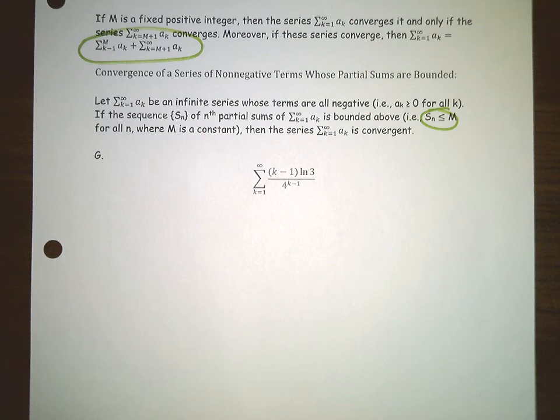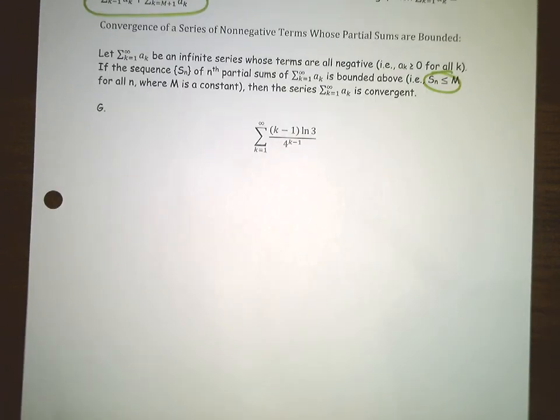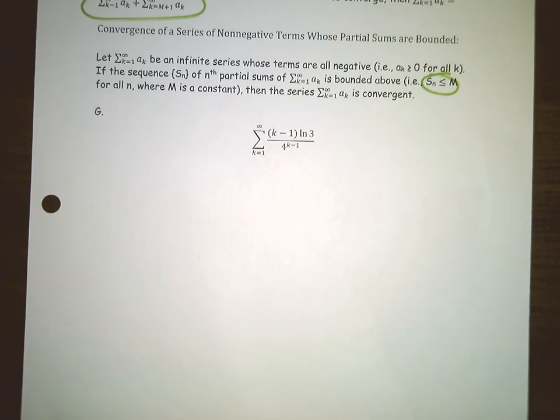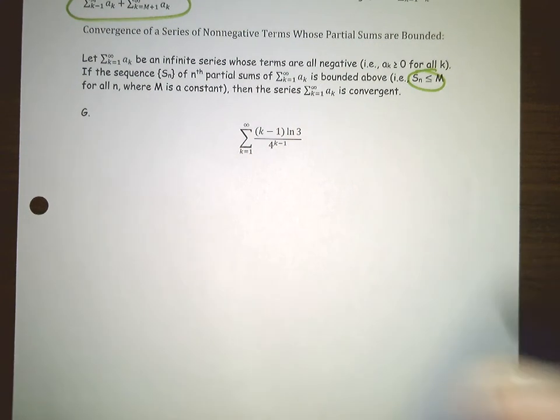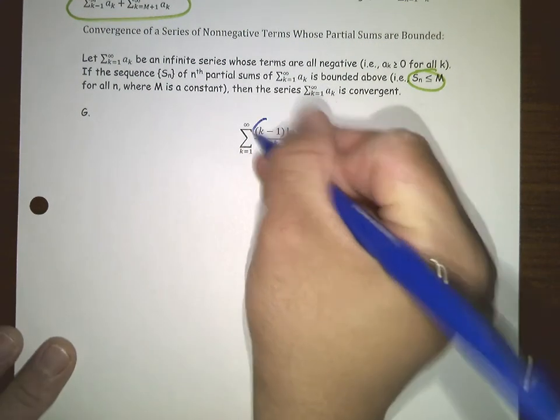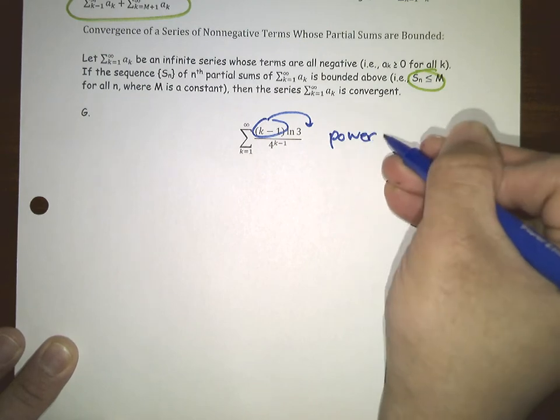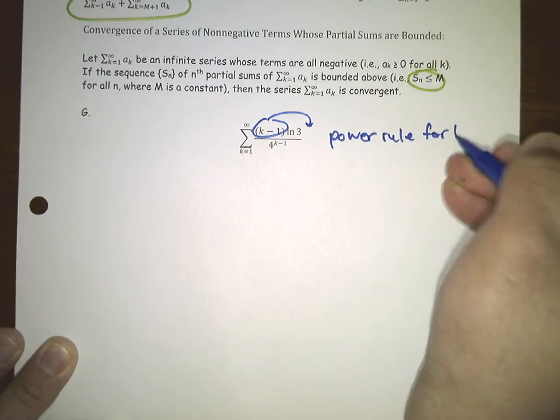So now here is an example. We have the sum k equals 1 to infinity of natural log of (3 over 4) to the k minus 1. So this might seem like it's a little bit harder than it actually looks, but I'm going to start out by using the power rule for logarithms.